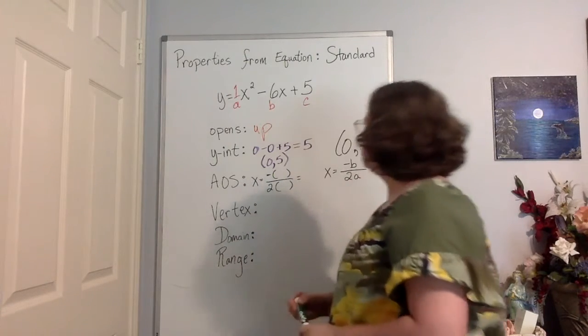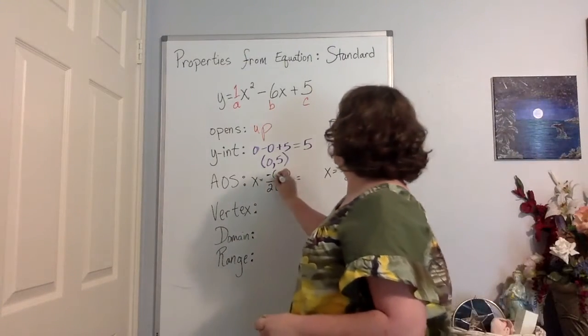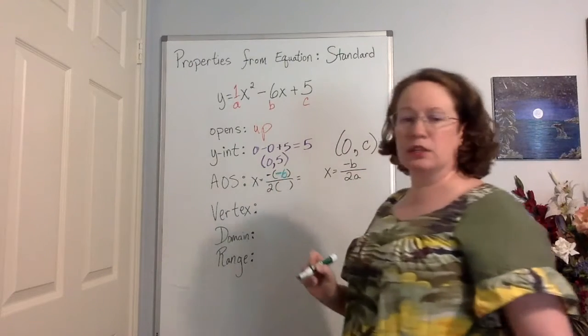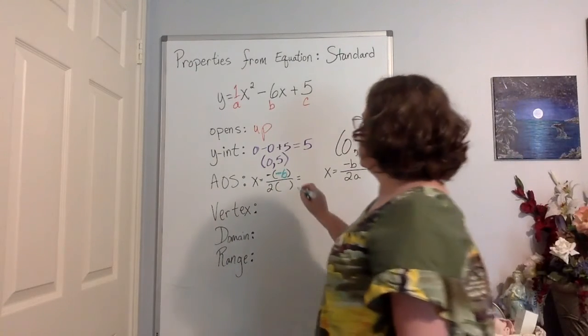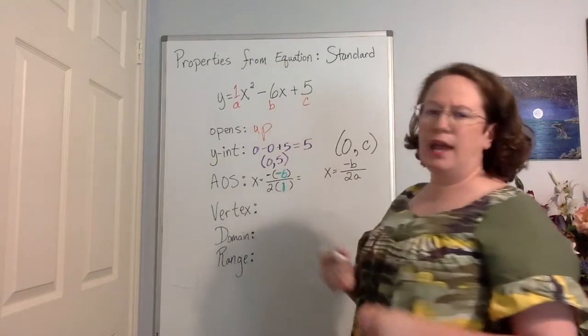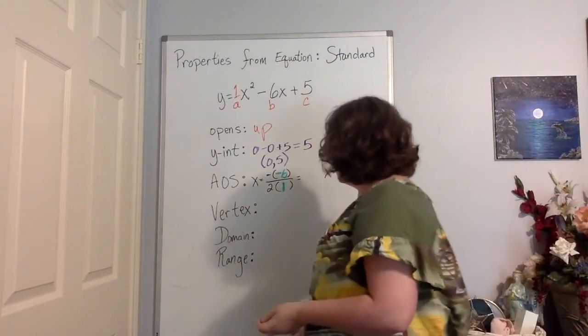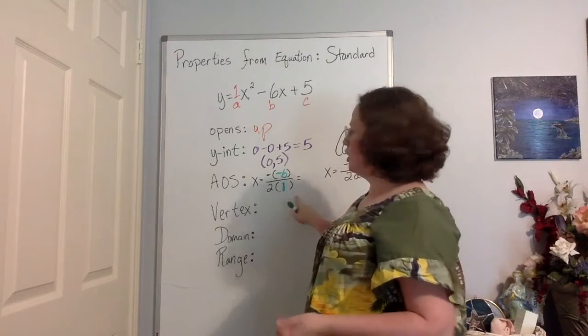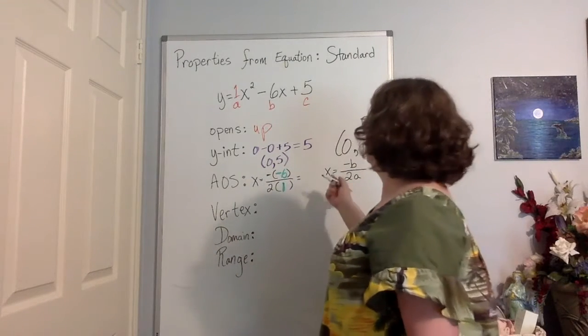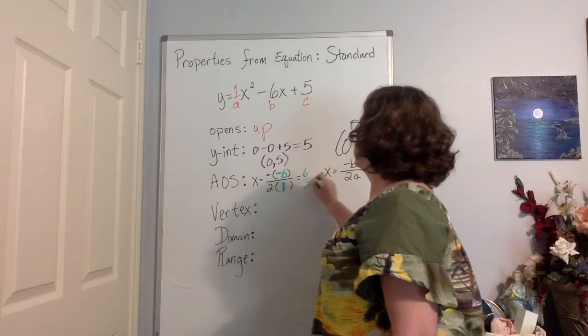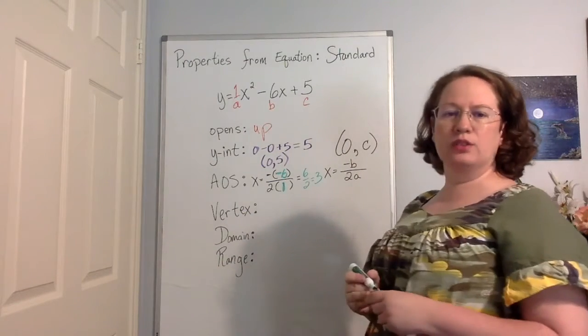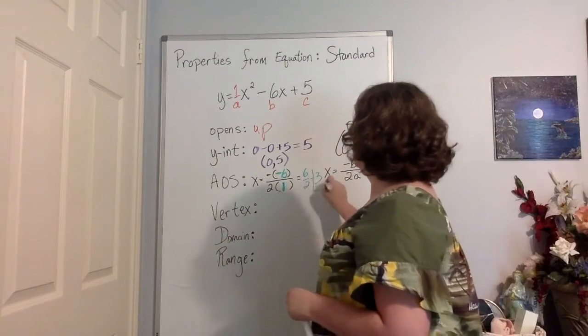Well, that's okay. We just plug it in. Negative negative 6. What's a? 1. Okay? So a negative and a negative make a positive. So this becomes 6 over 2. What's 6 divided by 2? 3. Okay? So my axis of symmetry is at 3.